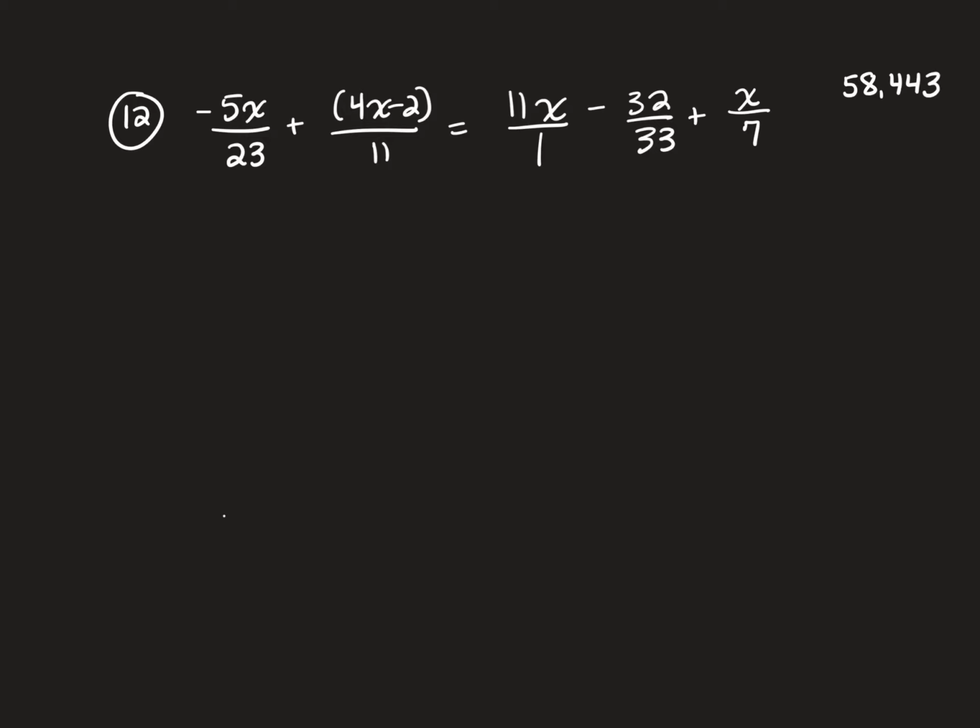So what I'm going to start out doing is getting a common denominator in each of these expressions. So let me rewrite this so I have a little more space between each term, and then we'll talk about how we can get that common denominator.